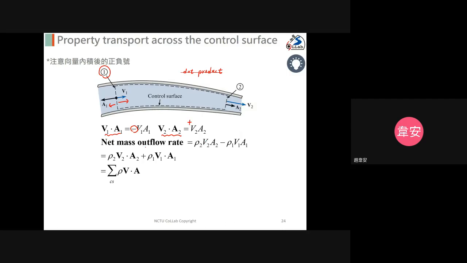So the net mass outflow rate can be represented by the same formula as on the previous slide. Even though you use the dot product to compute the net mass outflow rate, we will have the same solutions.